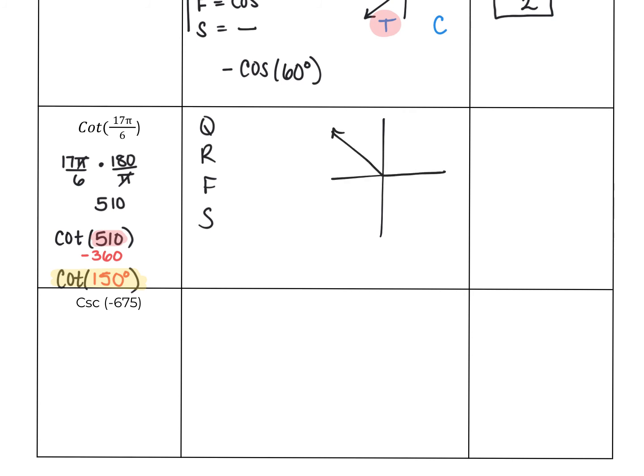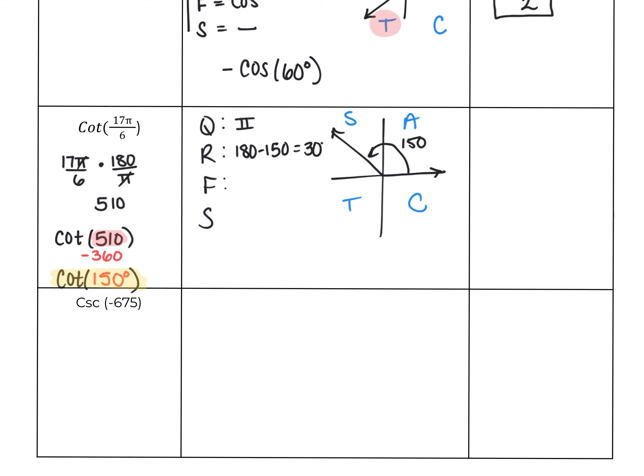150 is now in quadrant 2. And I'm going to do my All Students Take Calc again. Since we are in quadrant 2, for Q, we can put 2. The reference angle rule is different now, so we can look at the front. For quadrant 2, it's 180 minus 150, which is in fact 30.